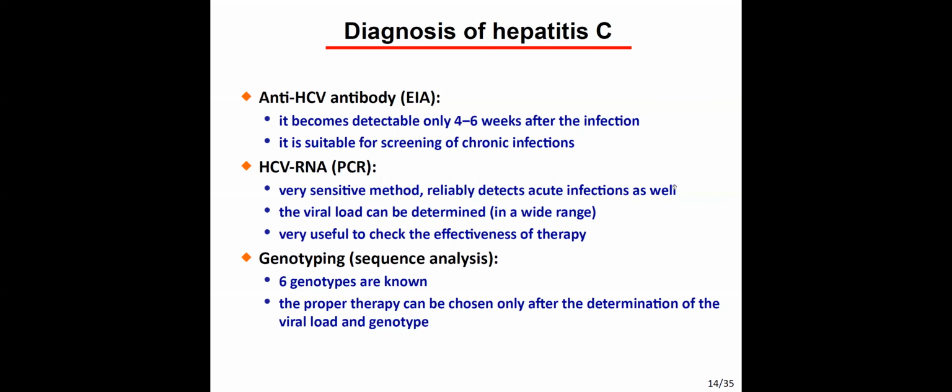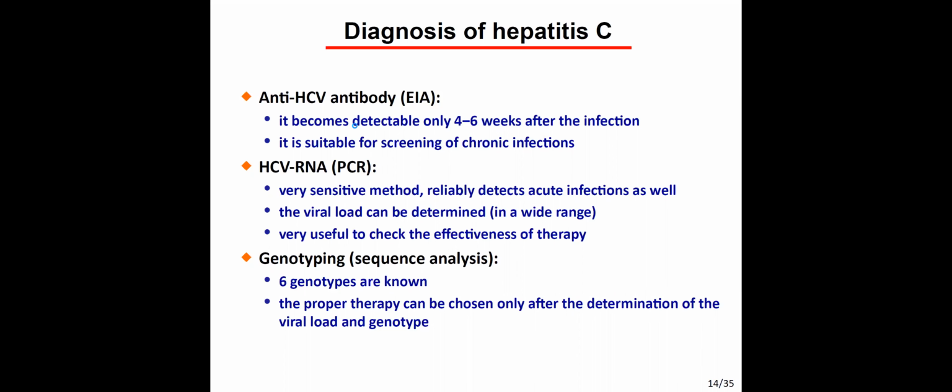Now, how can we diagnose hepatitis C? Well, we can measure the anti-hepatitis C antibody. It is usually detectable only 4 to 6 weeks after the infection, so it has a relatively long incubation period of more than 1 month. That is used, for example, in chronic infection, whether it is positive or not.